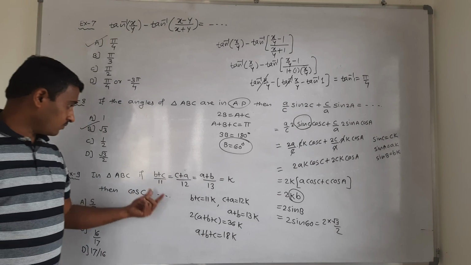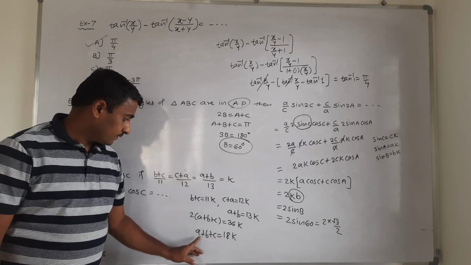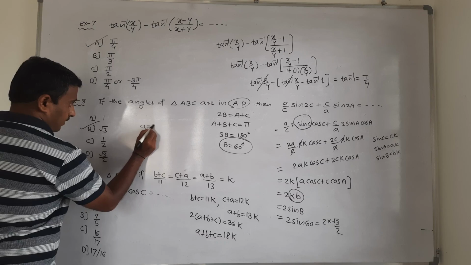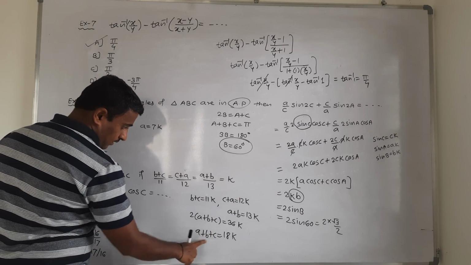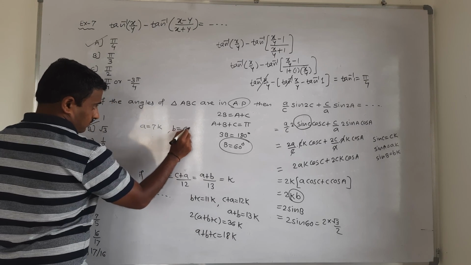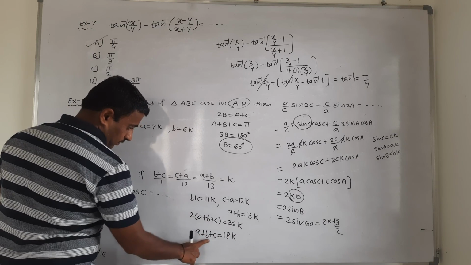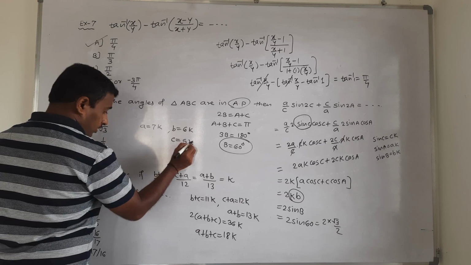Now b + c = 11k, therefore a = 7k. Now c + a = 12k, therefore b = 6k. And last one, a + b = 13k, therefore c = 5k.